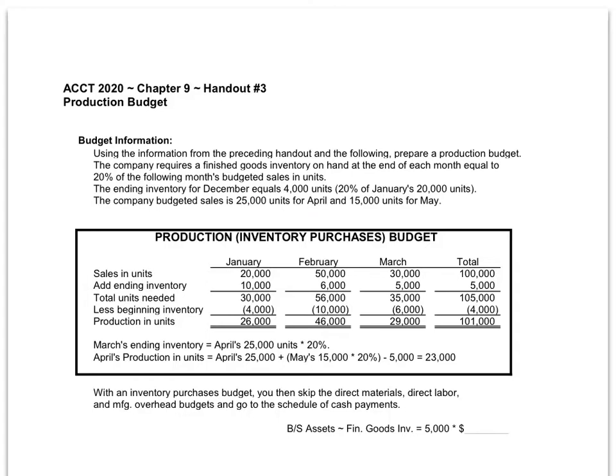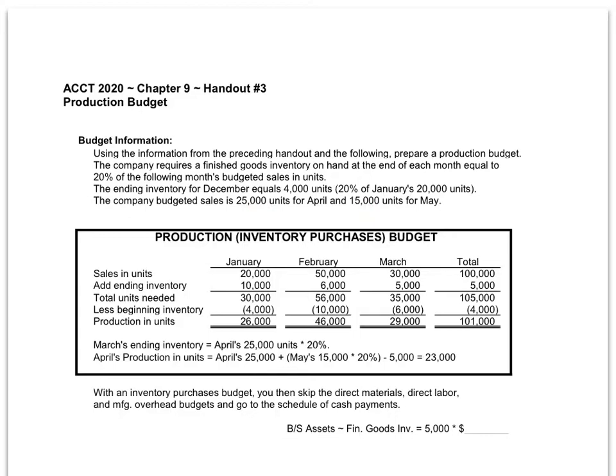April's production in units, which is not going to show up in this budget here, is going to be the 25,000 from their budgeted units, plus they want to have 20% of the units that they'll need in May. Because remember, April is going to have its current sales plus 20% of May.